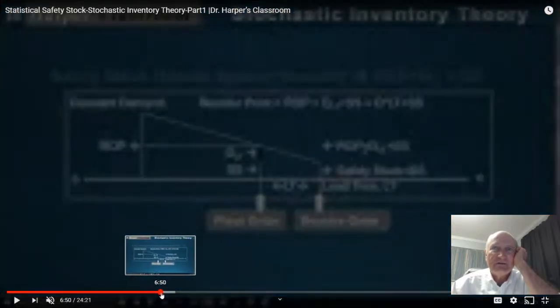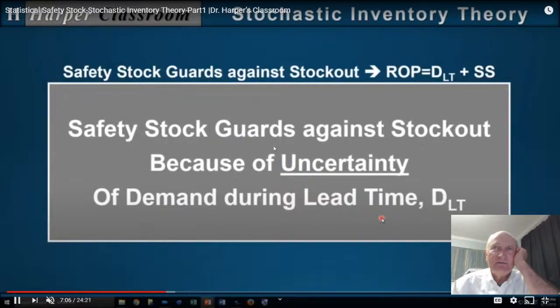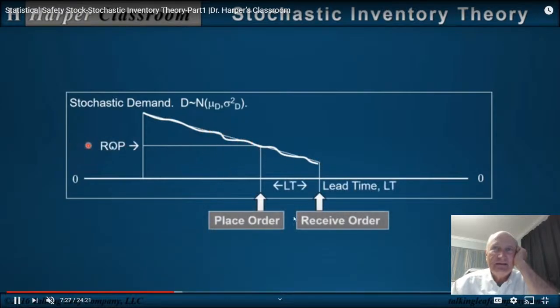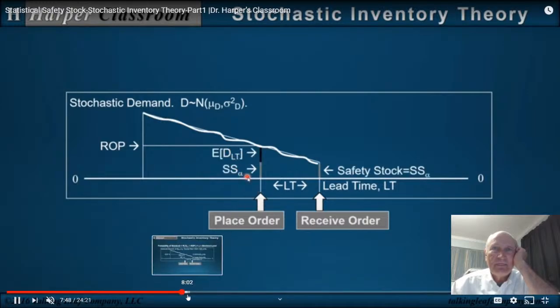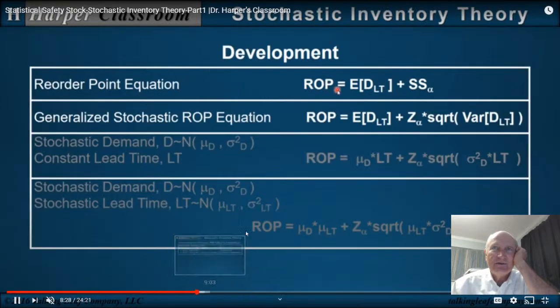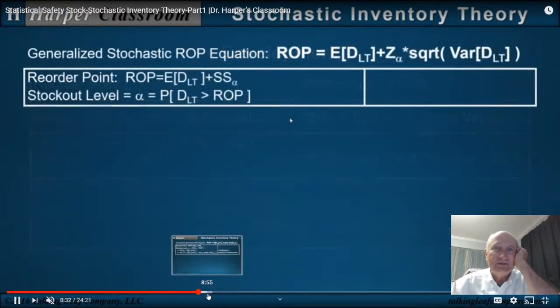The safety stock guards against stock out during lead time. And then here I say there's my stochastic demand. And then I actually derive it here, in detail. So the video will go through and actually derive this in detail.